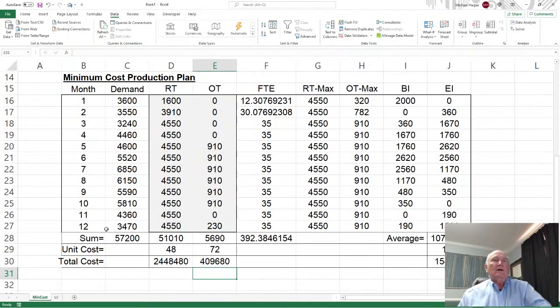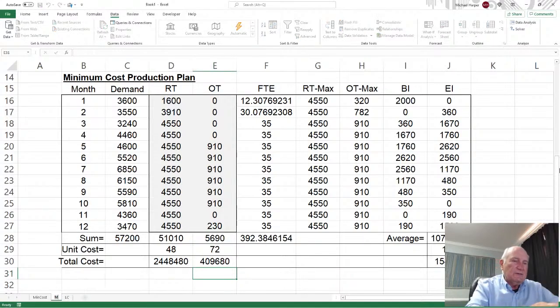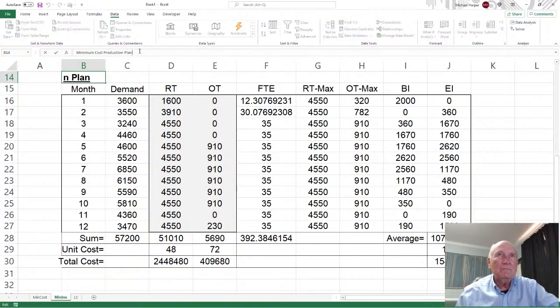There it is. Okay, let's go back to minimum cost and copy this over again. And instead of minimum cost, let's rename this minimum inventory.